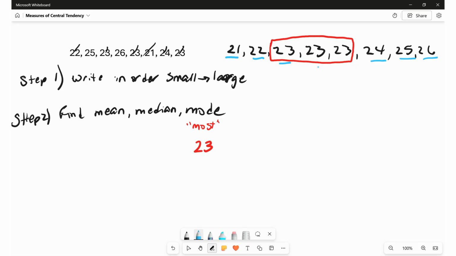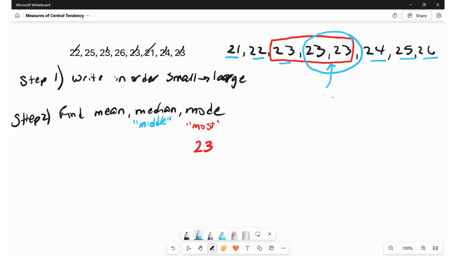And now what I'm left with are these two values here, because remember that median is in the middle. Now, when we have two values that are in the middle, we need to find whatever number is right in between them. This is really easy because both of them are the same number. So 23 is going to be our answer.